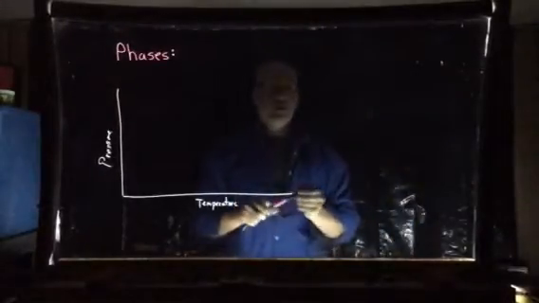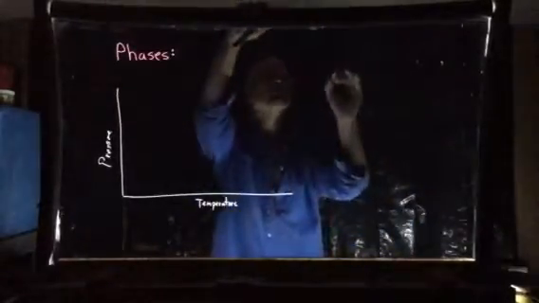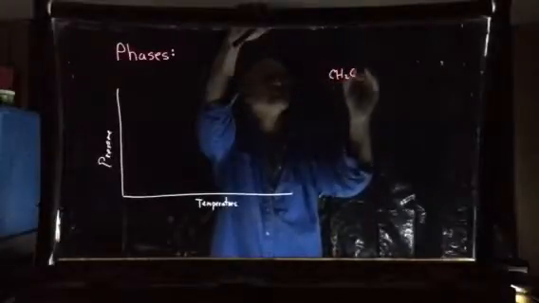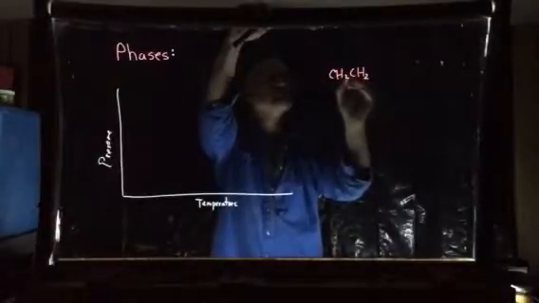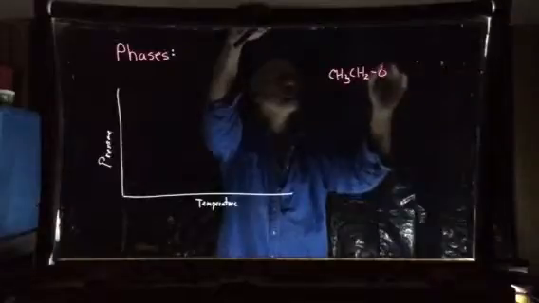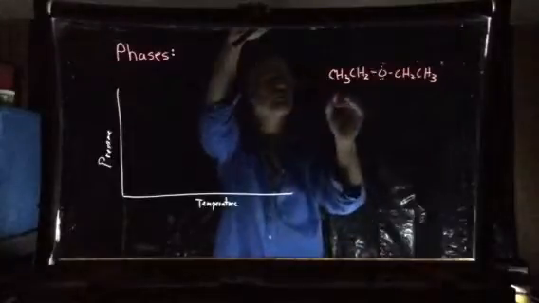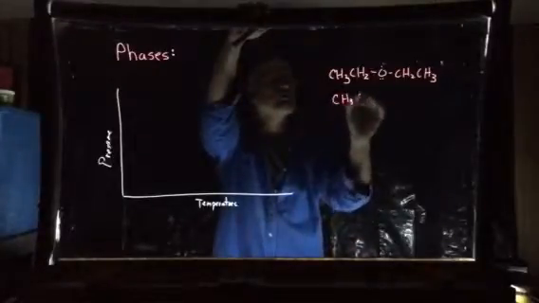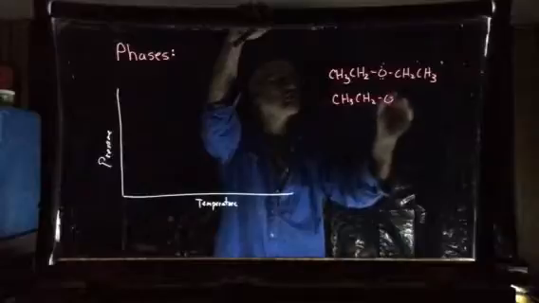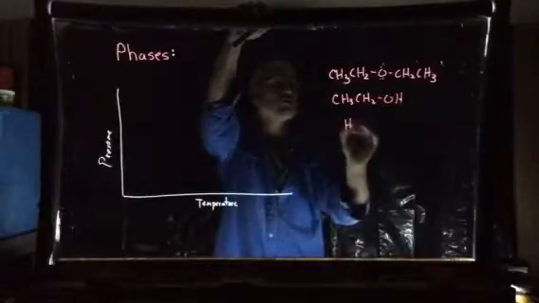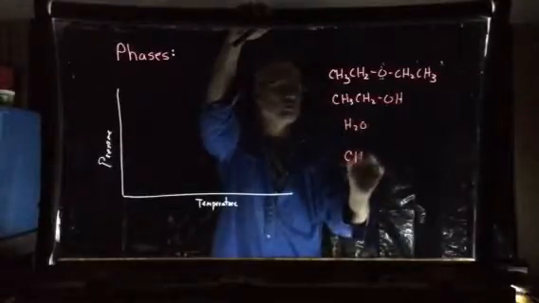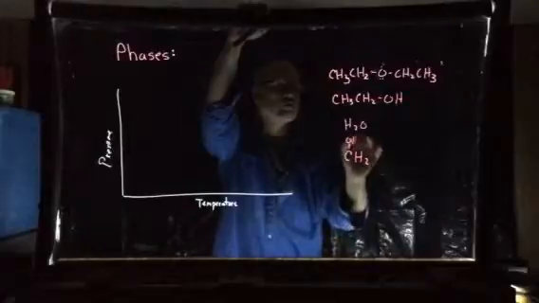The first one I'm going to plot is ether. It's supposed to be CH3OCH3. These are the molecules I am going to compare: CH3CH2OH (ethanol), water, and ethylene glycol.